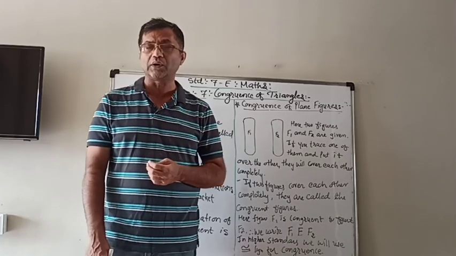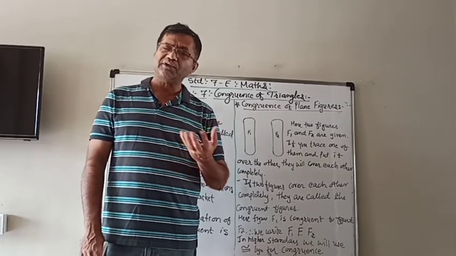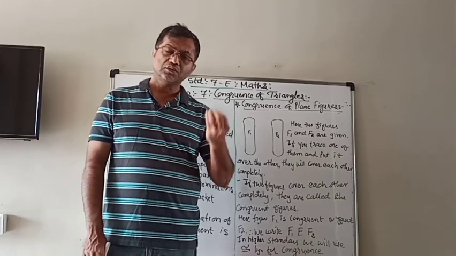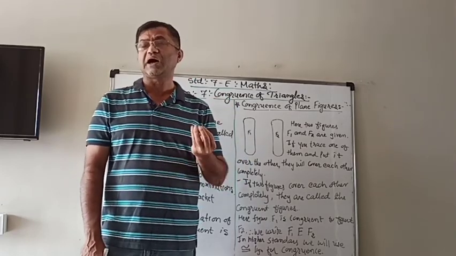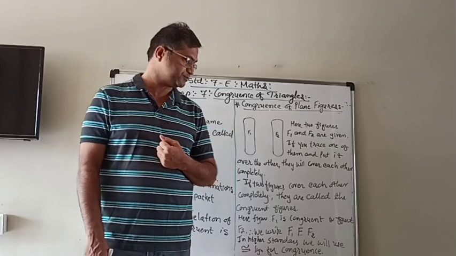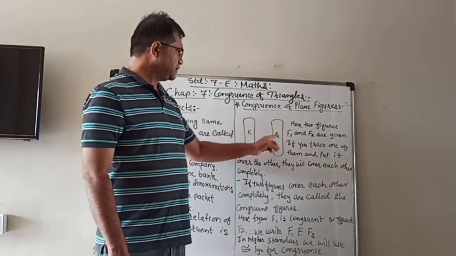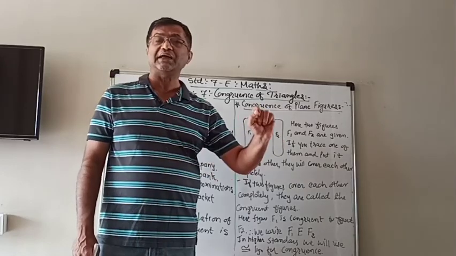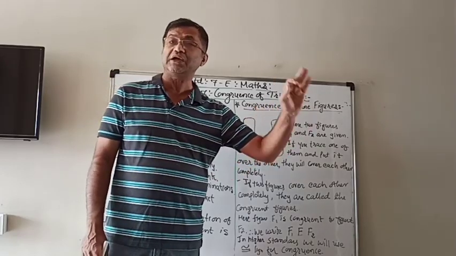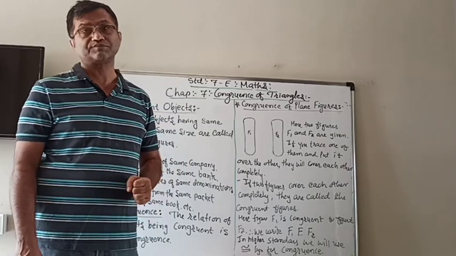Nothing will be left over. So we can say that these two circles are also congruent figures. So here these two figures F1 and F2 are said to be congruent figures.